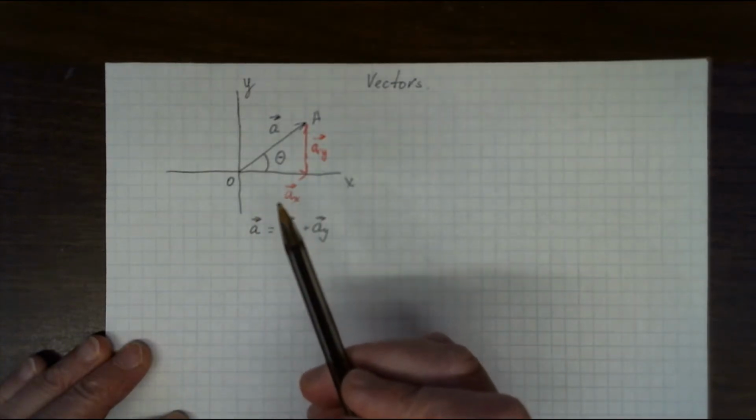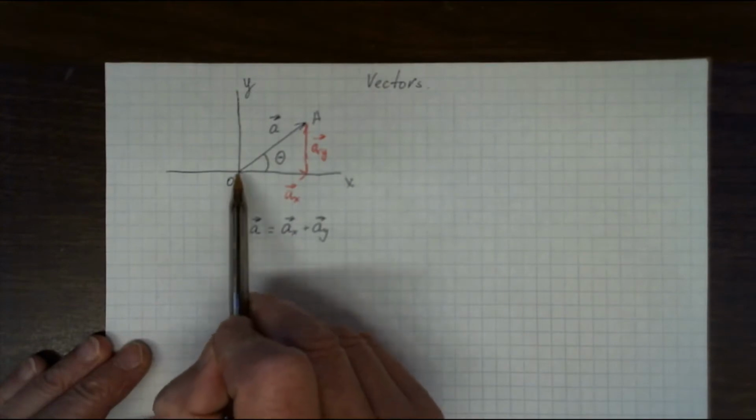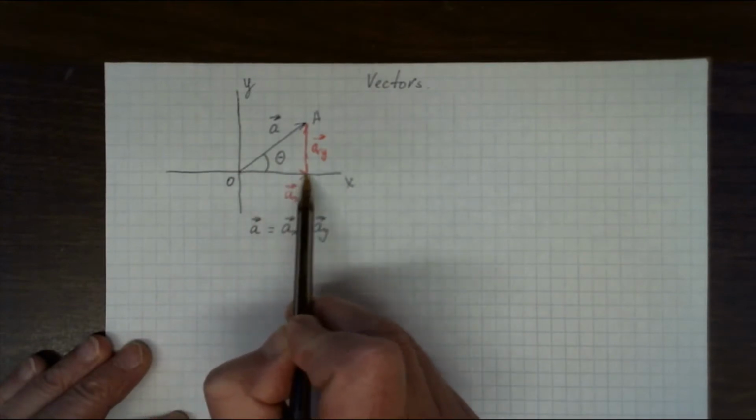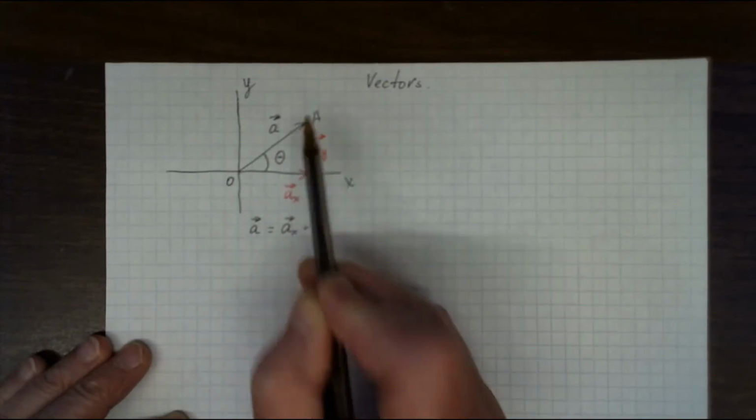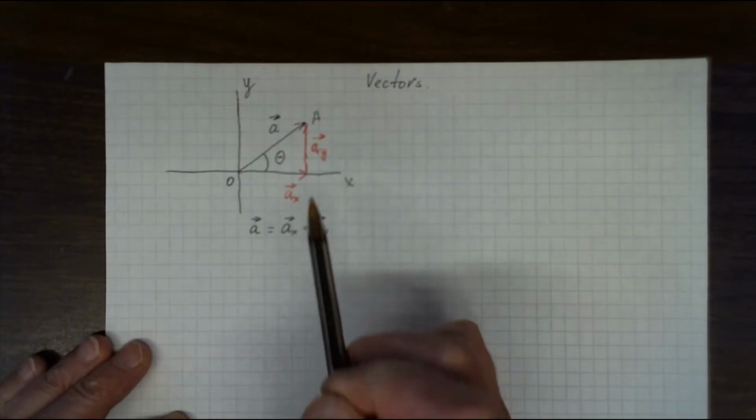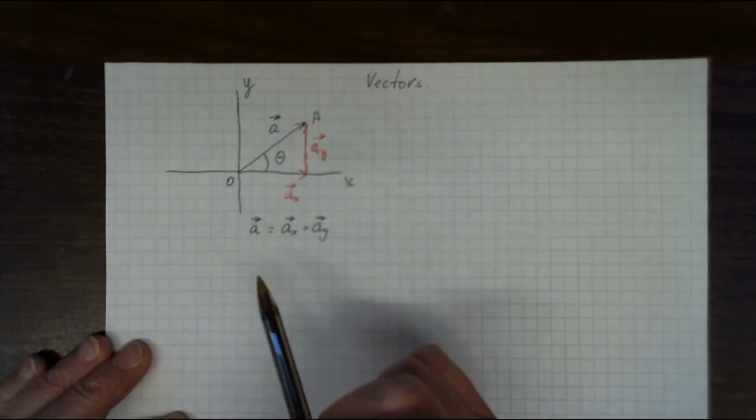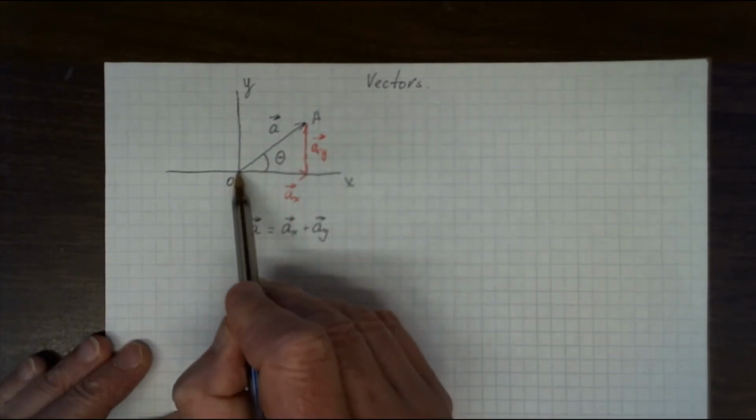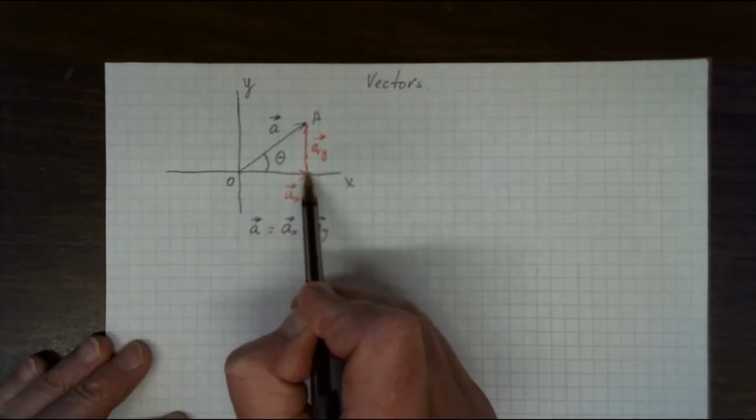If you take a look again, vector A of x and vector A of y are arranged in what we call head to tail.